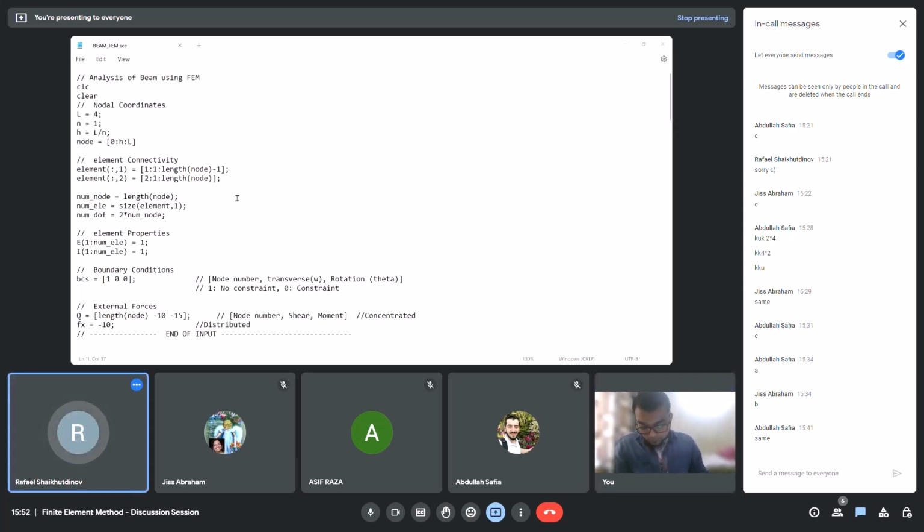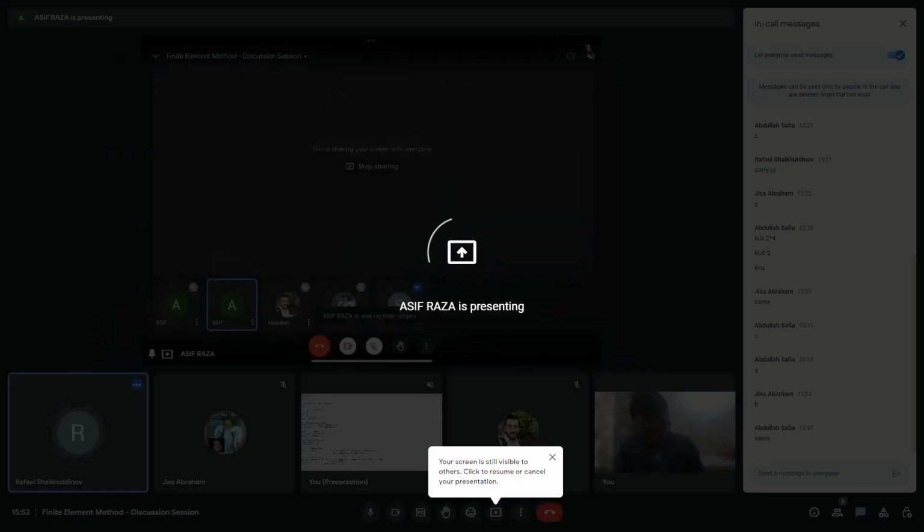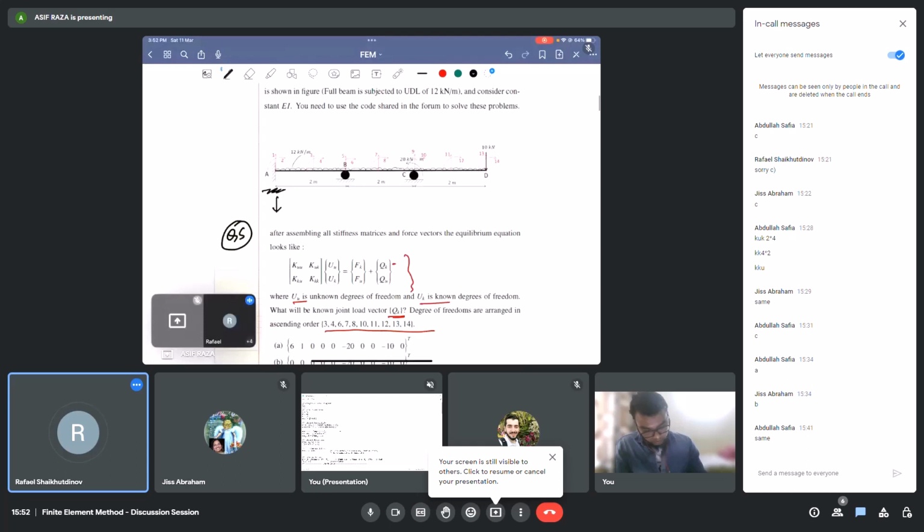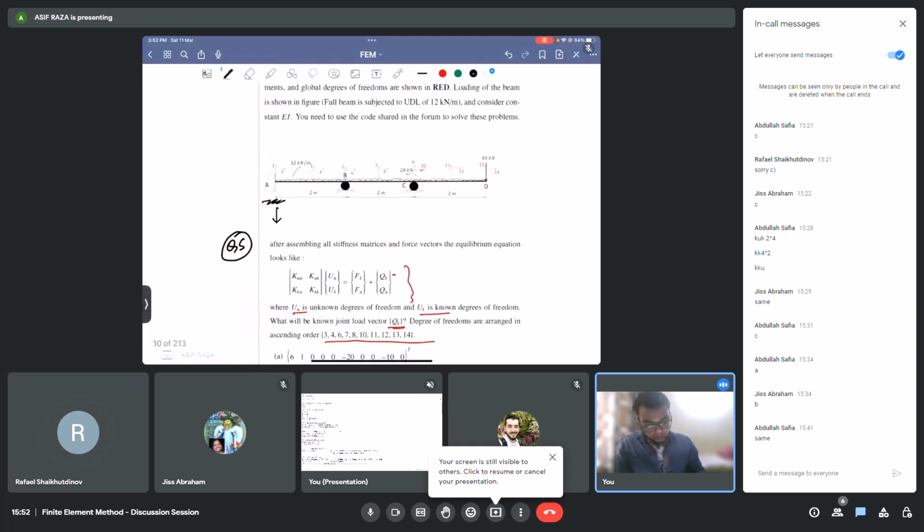We need to change n to 3, as I understood. But in my problem which I was sharing, you have another problem from previous year. So this was having 1, 2, 3, 4, 5, 6 elements.